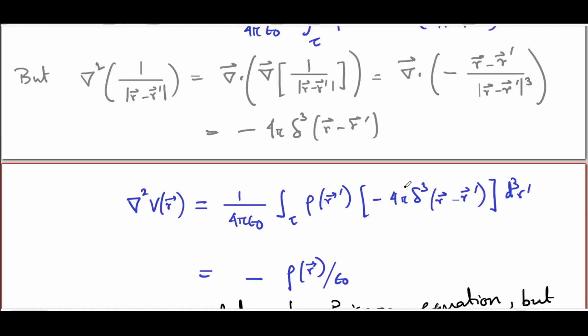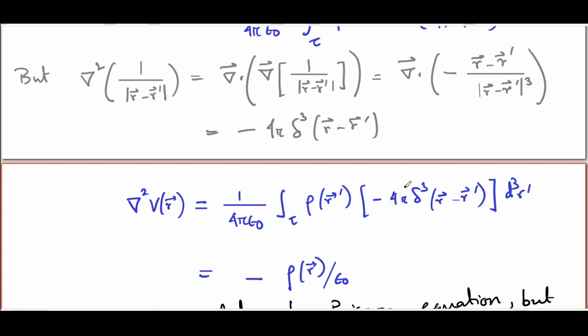By the way, you might be wondering what happens if my point r, the point at which we are measuring the Laplacian of the potential, happens to be outside tau, the region where the charges are. Of course, in that case, delta cube of r minus r prime will be 0 throughout the integration region, because r prime will only be somewhere within tau and r is somewhere outside, and therefore the integral will work out to be 0, leaving you with a 0 Laplacian.